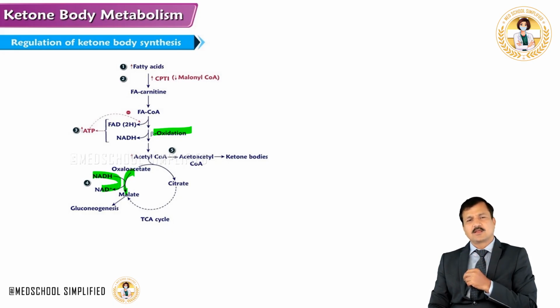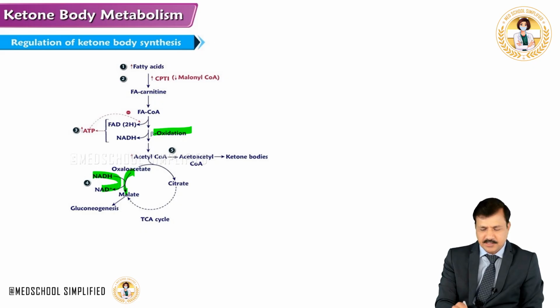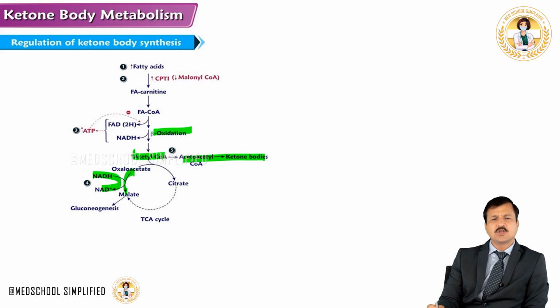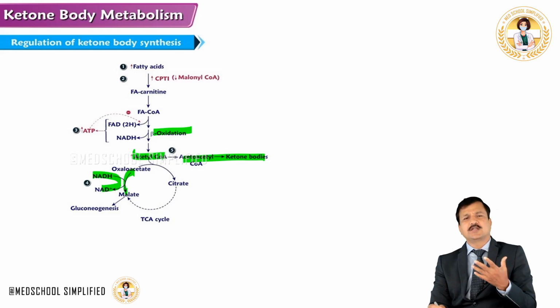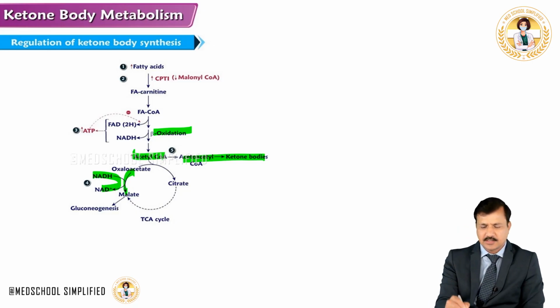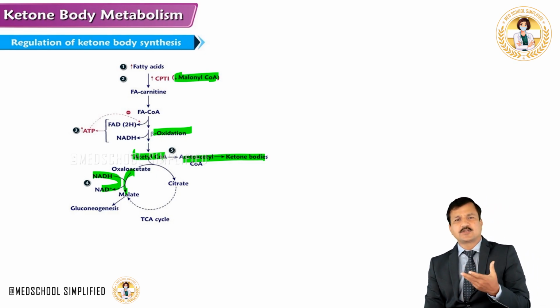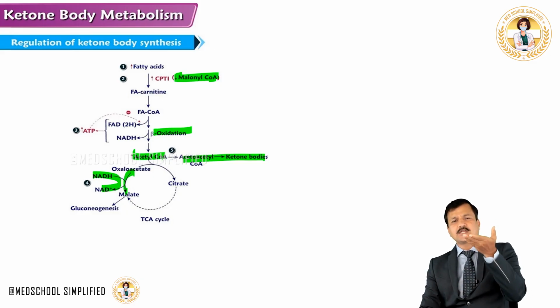So in that case, what happens? Acetyl-CoA builds up, that's what is shown here, and this acetyl-CoA is now diverted into ketone body formation. So like this, under fasting condition, especially mediated by glucagon, ketone bodies are increased. It all starts with low levels of malonyl-CoA maintained by glucagon, and low levels of malonyl-CoA mean higher activity of CPT1, allowing fatty acids to run down into the mitochondrial matrix for beta oxidation and increasing the acetyl-CoA levels.